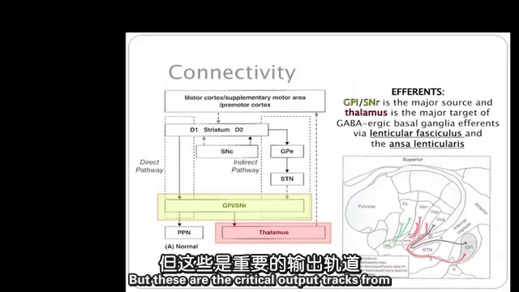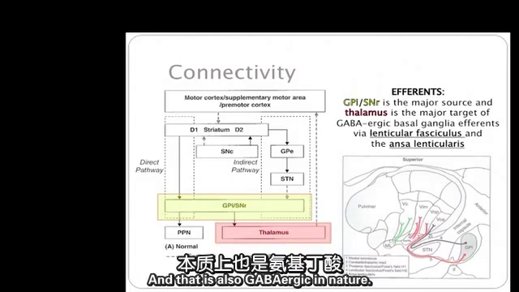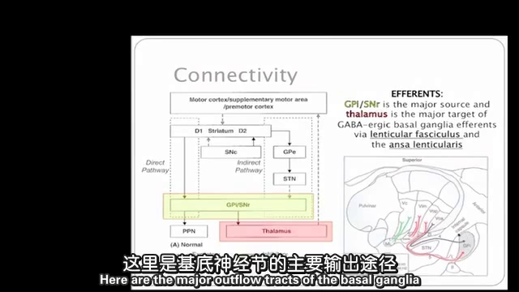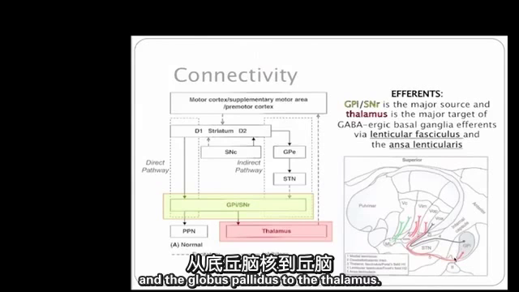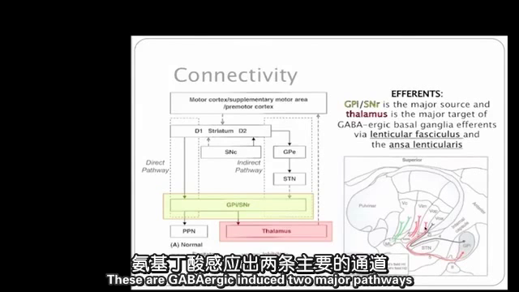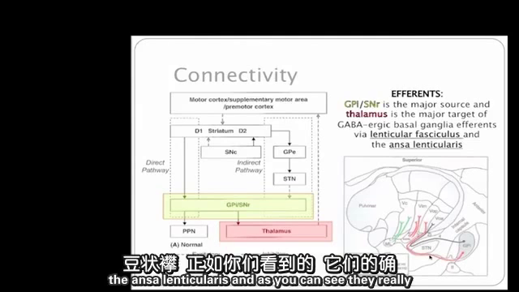But these are the critical output tracts from the basal ganglia to the thalamus, and that is also GABAergic in nature. These are the major outflow tracts of the basal ganglia, the globus pallidus, to the thalamus. These are GABAergic, and there are two major pathways, the lenticular fasciculus as well as the ansa lenticularis.